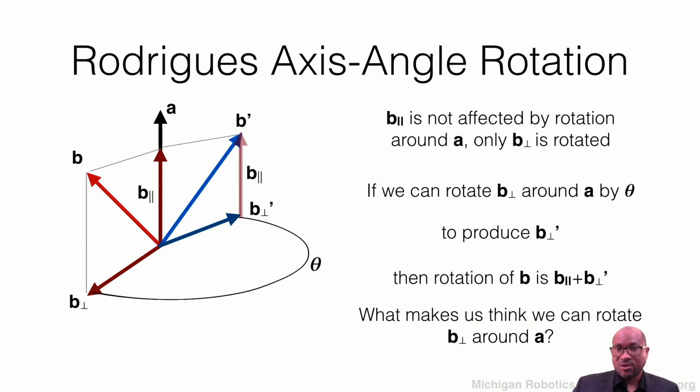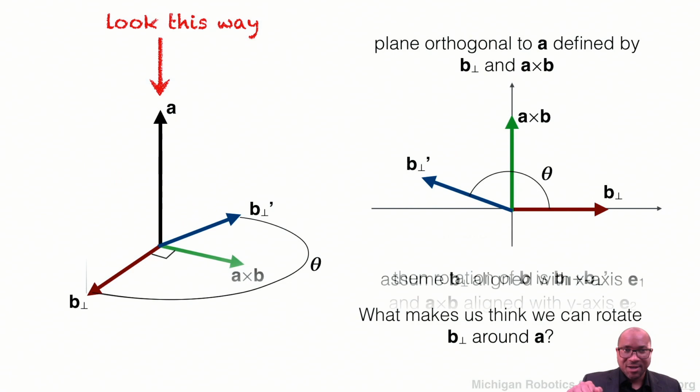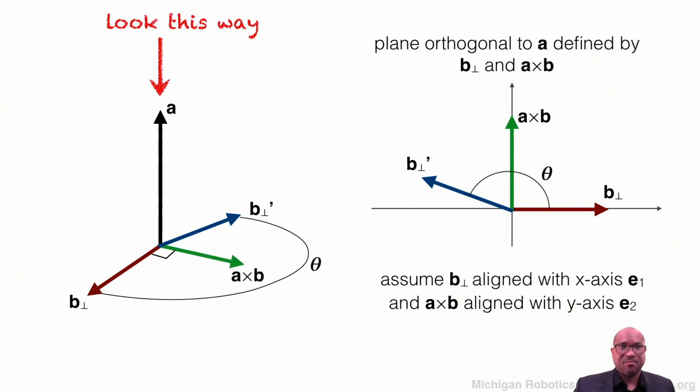What makes us think that we can do this rotation of B perpendicular around A? Well, it depends on how you look at it. If we're looking down from A's perspective, down the positive axis of A, we get this viewpoint that we see here on the right. There's a plane orthogonal to A, defined by B perpendicular on one axis and A cross B on the vertical axis.